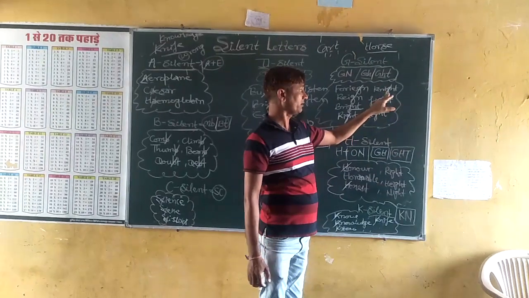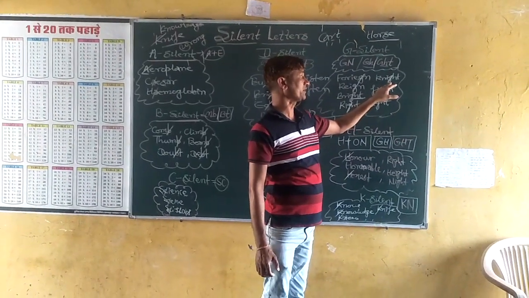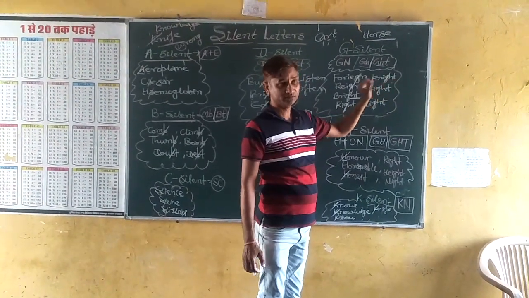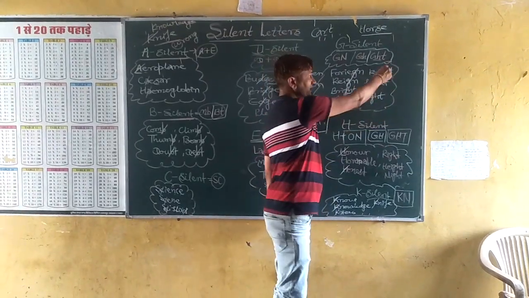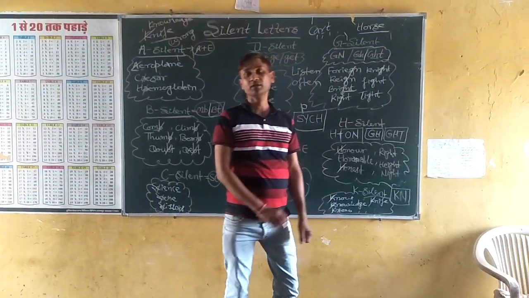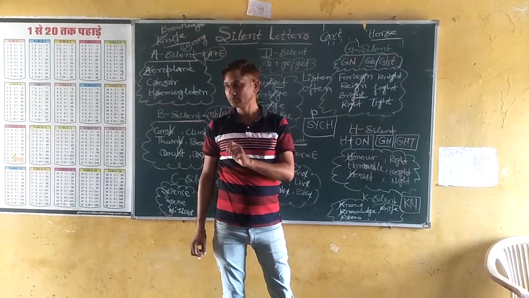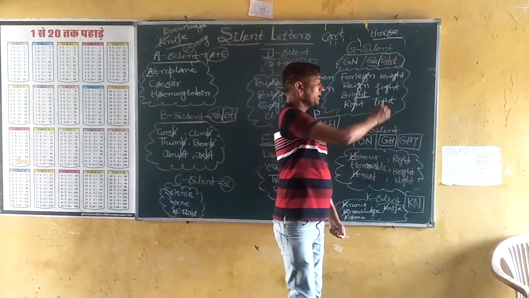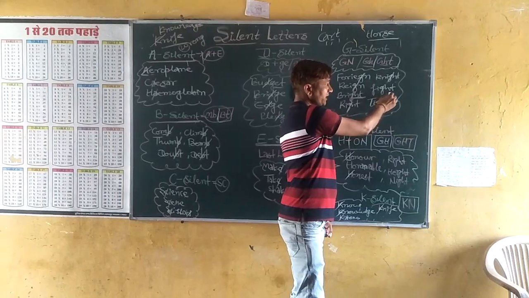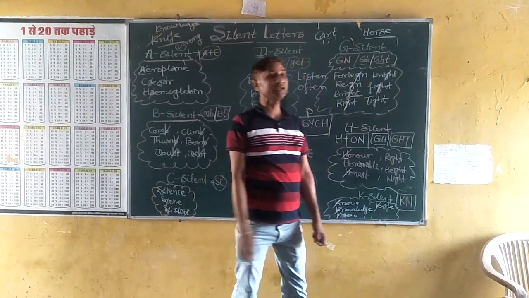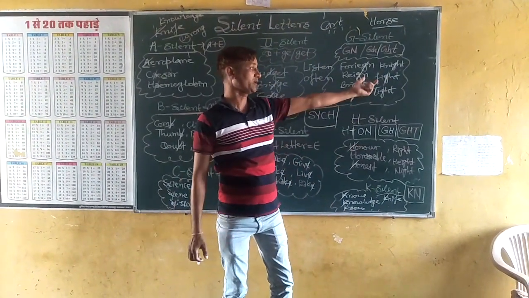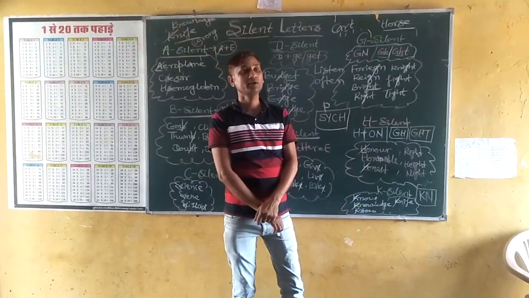KNIGHT. Here is a combination of letters G, H and T. G will be silent and the pronunciation will be night. What? Night. FIGHT, GHT, G will be silent and the pronunciation of the word will be fight.